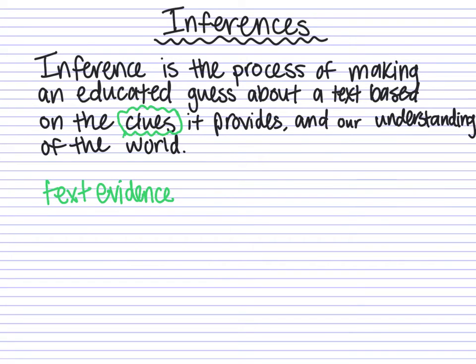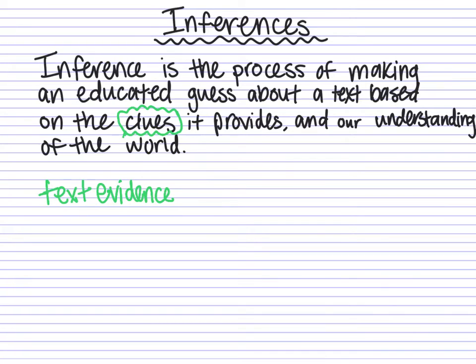Text evidence is the clues in the text. We'll go back in a moment and talk about what exactly text evidence is, but first, we're going to make our awesome math equation.